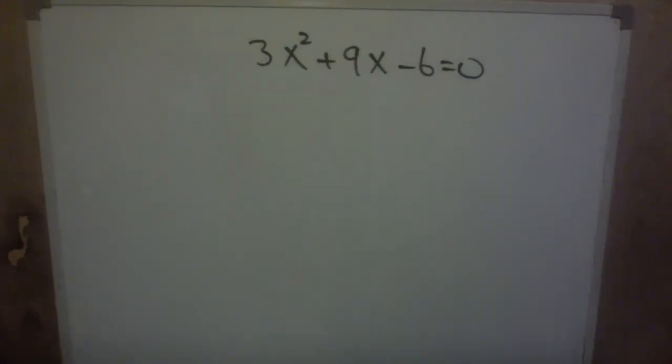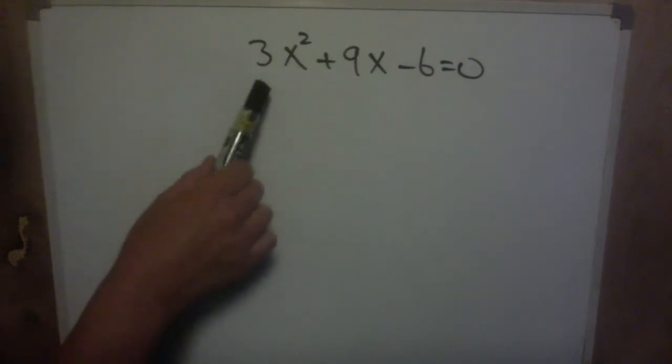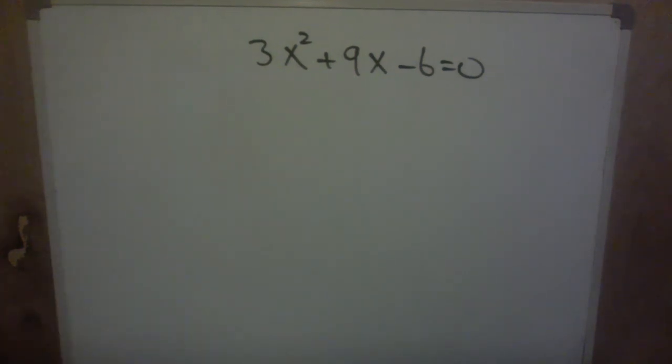Okay, here's the next problem. We have 3x squared plus 9x minus 6 equals 0. So let's get the equation in the right form. We have a 3 in front of x squared, and we want to get rid of that. So first let's divide both sides by 3.